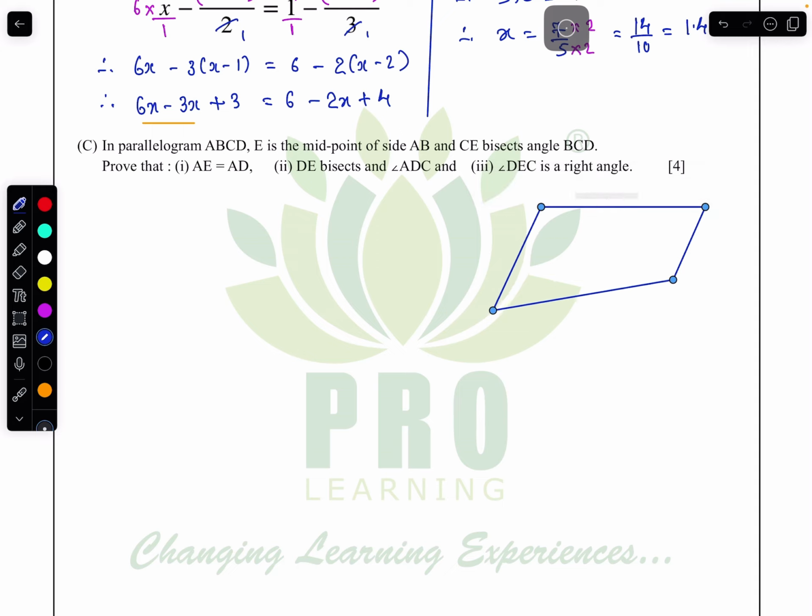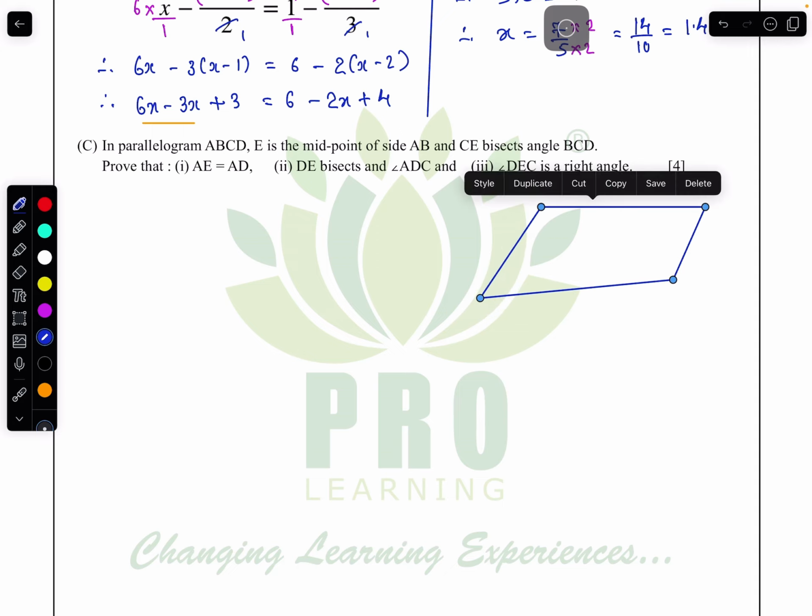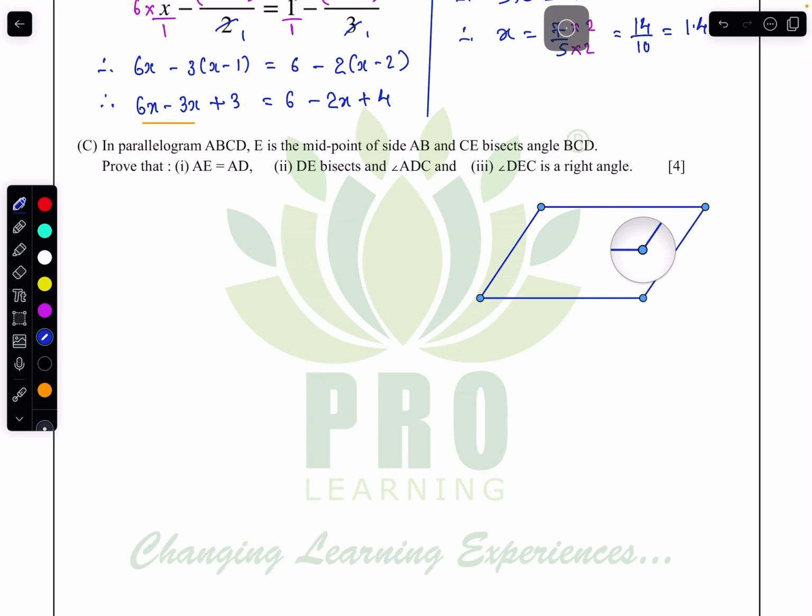So I could make it a little longer here. So we have A, B, C, and D. So E is the midpoint of AB. So we have E sitting here, right in the middle of AB. E is the midpoint of AB.